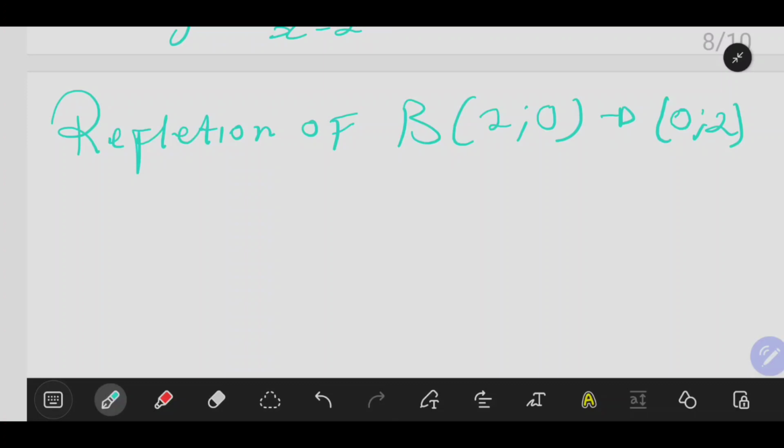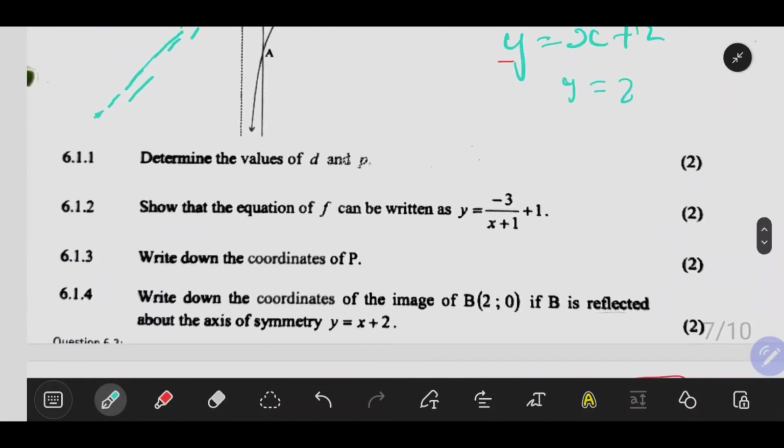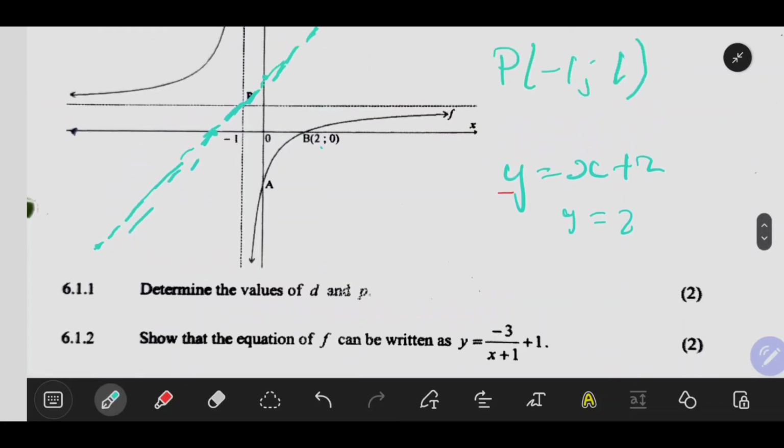So in order for us to have a reflection, we just have to switch the coordinates about that line, y equals x plus 2. So the image of B will be the same distance from the axis of symmetry as B, but in the opposite direction. So what we had to do in this question was just to swap the coordinates. X becomes y, and y becomes x, and then you are done. I hope it makes sense.